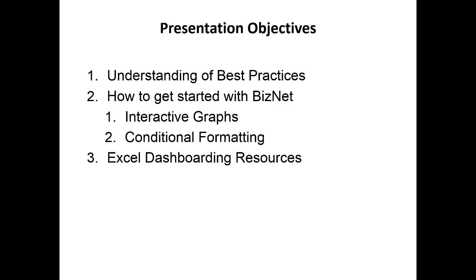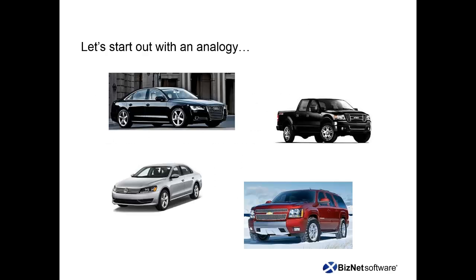The thing we want to start with, and I borrowed this from a friend of mine when we did a presentation to a group of senior executives, is that everybody drives cars, and we all have different kinds. Some of us drive SUVs, some sedans, some trucks, etc. But the one thing you find consistently across all of them is that they all have dashboards.